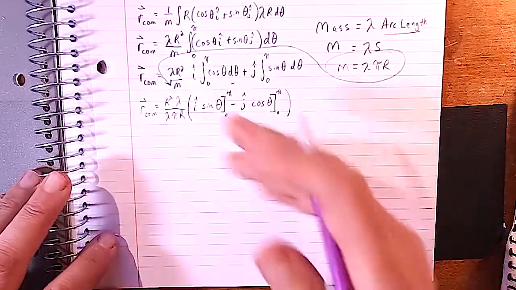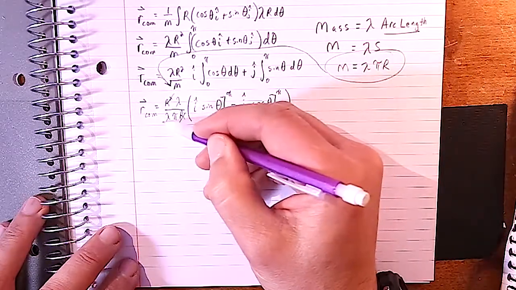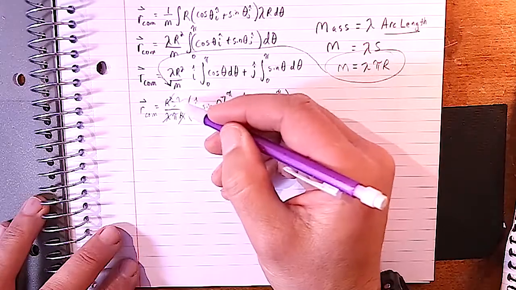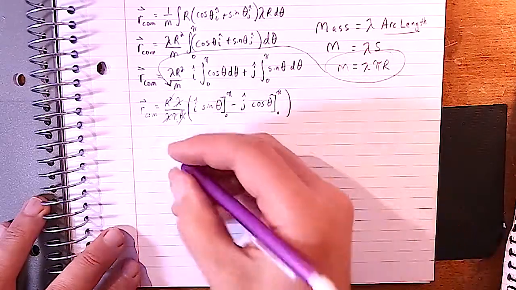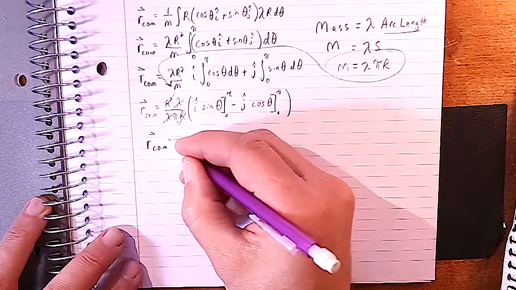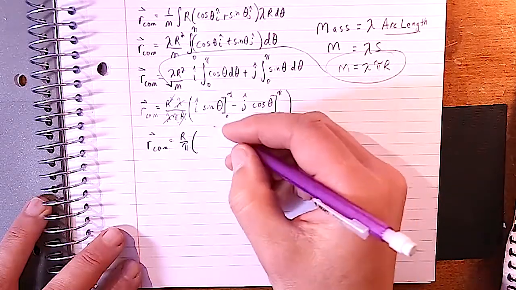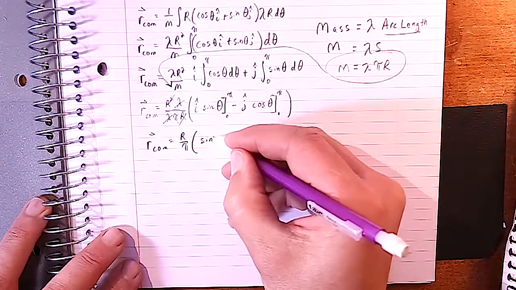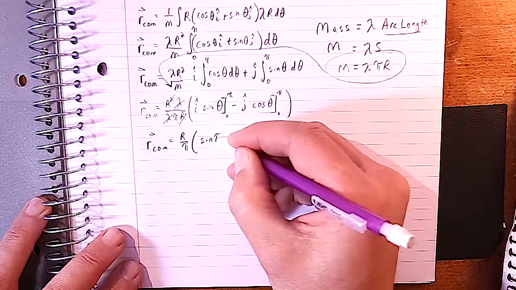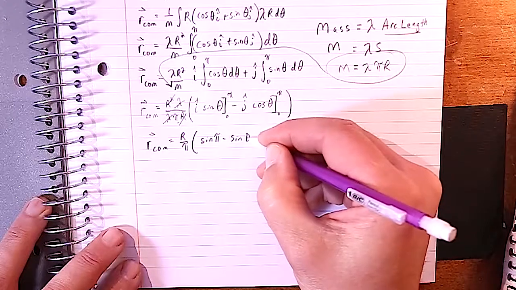Now some stuff starts to cancel out. We lose a squared sign with that r, our lambdas cancel, and we're just left with r over pi. So our next step, we have r com is equal to r over pi, and then we have sine of pi minus sine of 0.